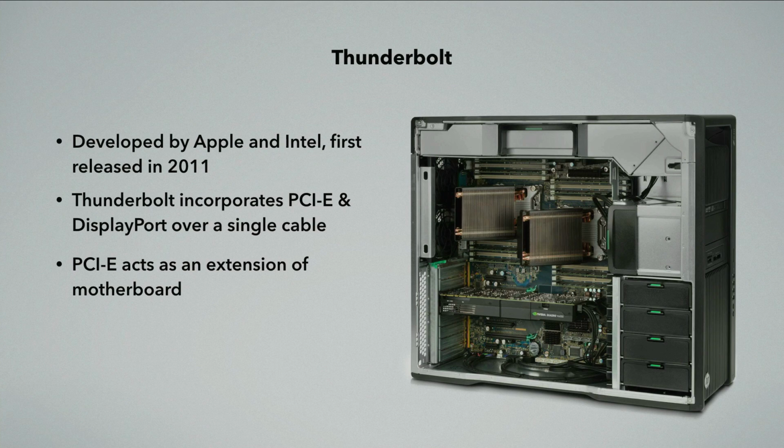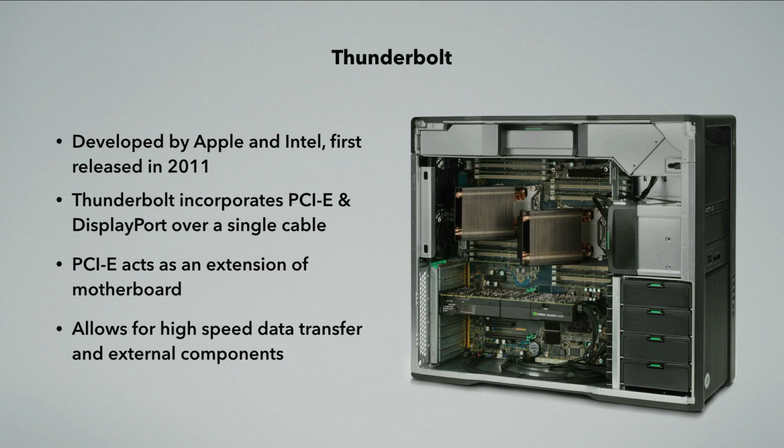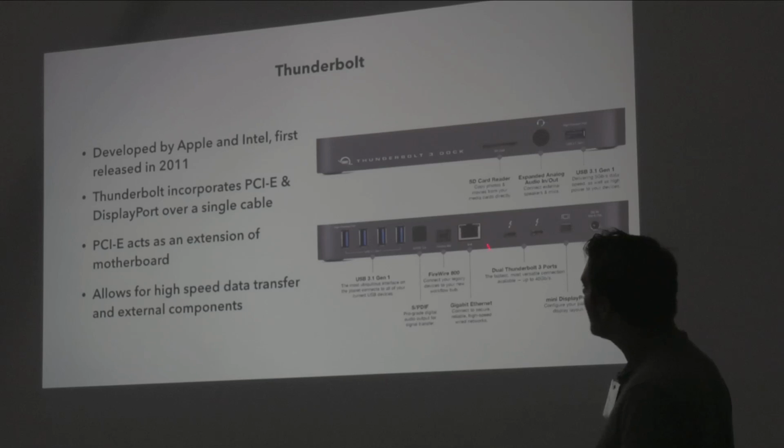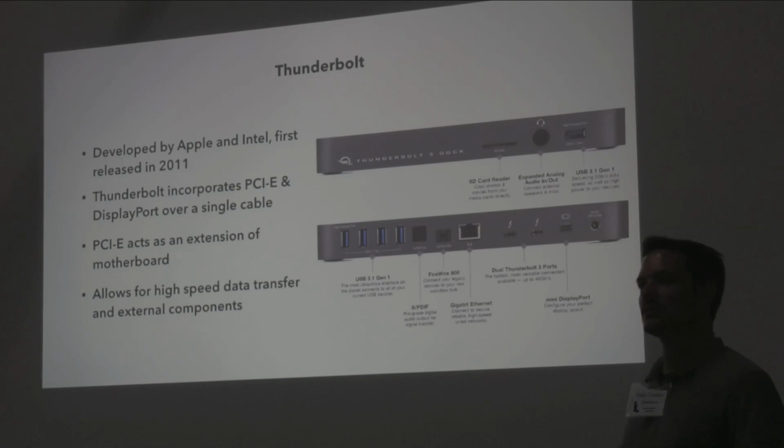Because of that, Thunderbolt not only allows for high-speed data transfer, but it also allows for external components. For example, you've probably heard of a Thunderbolt dock. The reason for that is that, unlike USB, which speaks its own language, the USB protocol, Thunderbolt actually speaks the language that the computer thinks in.